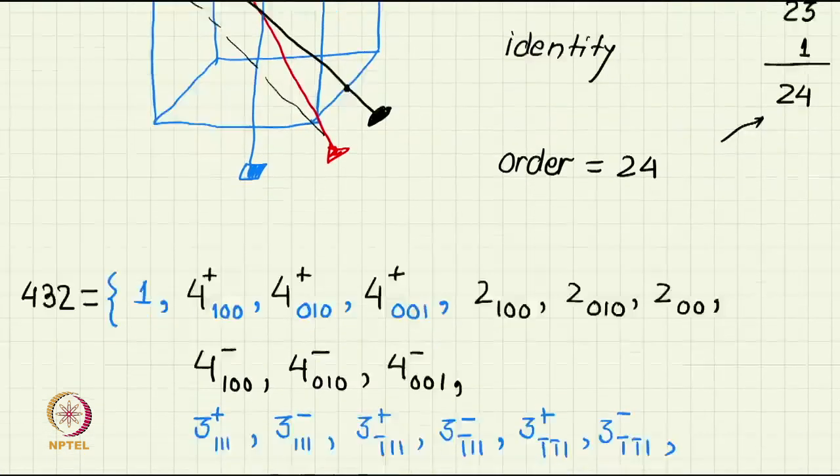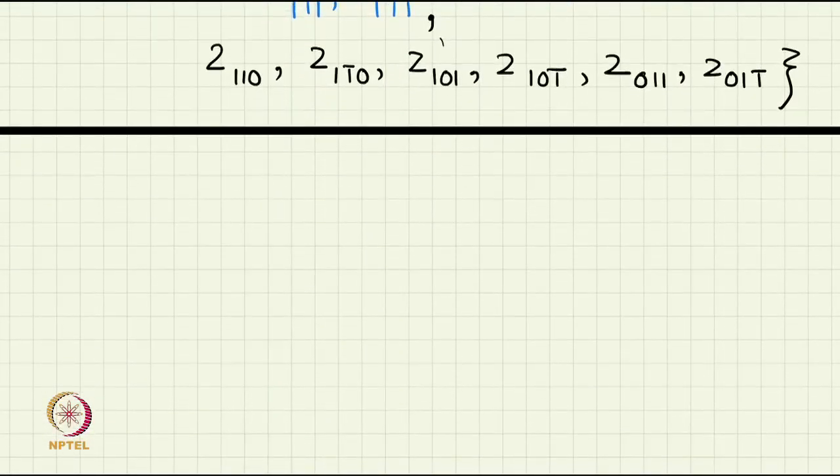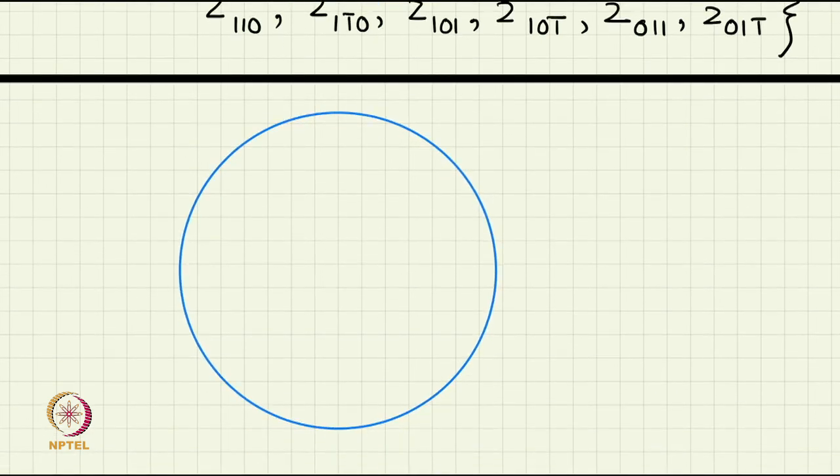So, 4 3 2. How does the stereogram look like? Since we have already done it for the tetrahedron, it should not be a challenge for us to draw it for the cube, because the directions are related.